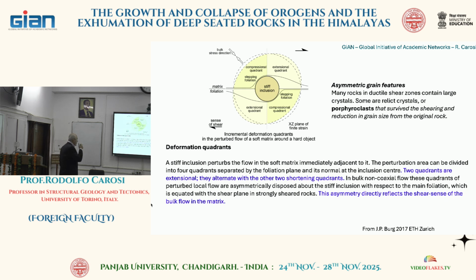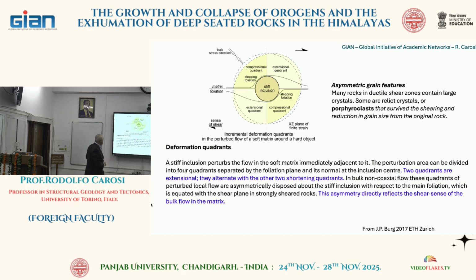Okay, to understand what happens, we need to take a look at the stiff inclusion, larger than the matrix, the porphyroclast, and the sense of shear. With this sense of shear, the strain ellipsoid is oriented with the x-axis in this direction and z in this direction. So if you divide the stiff inclusion in 4 quadrants, these ones are extensional quadrants where material is extended. These ones are the compressional quadrants.